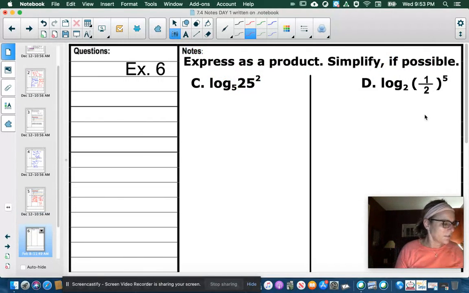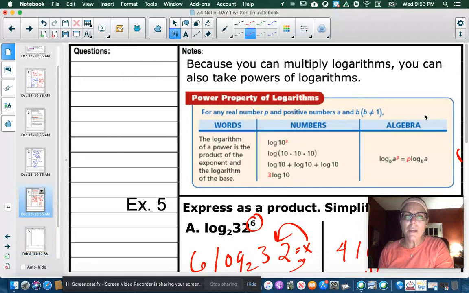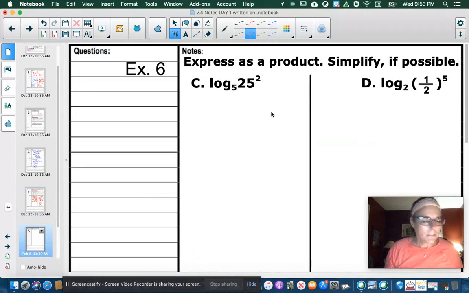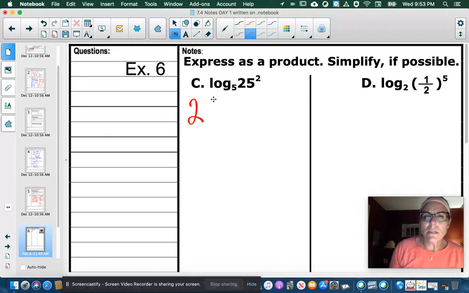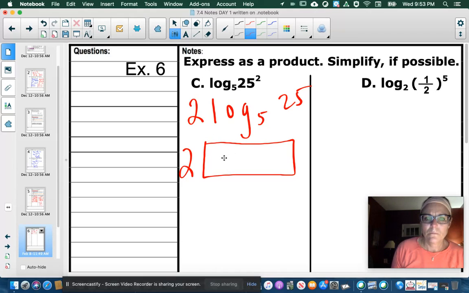Example 6. Express as a product. Simplify if possible. Same thing as example 5. Bring the 2 in front. 5 to what power is 25?